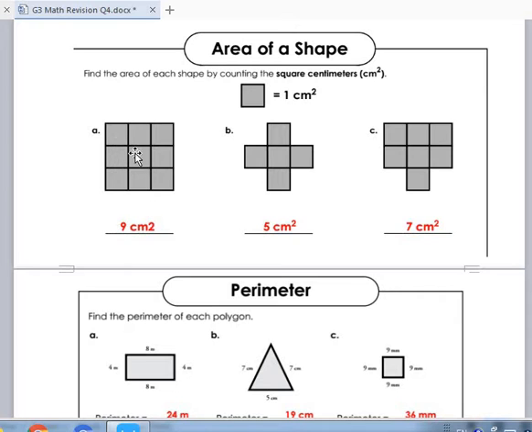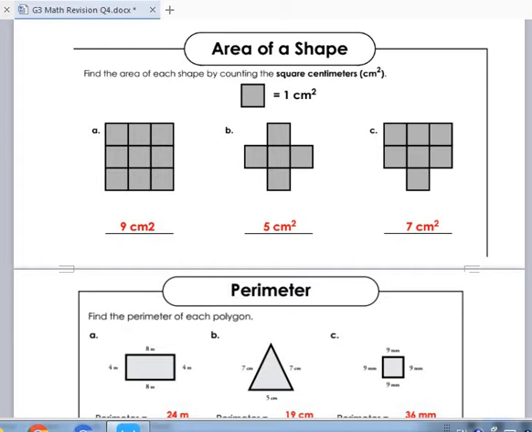So let's do it now: 1, 2, 3, 4, 5, 6, 7, 8, 9. The area here is 9 square centimeters. This one is 5 square centimeters, and here 7 square centimeters. Remember that we can calculate the area of the shape by doing what? Side times side, or length times width.